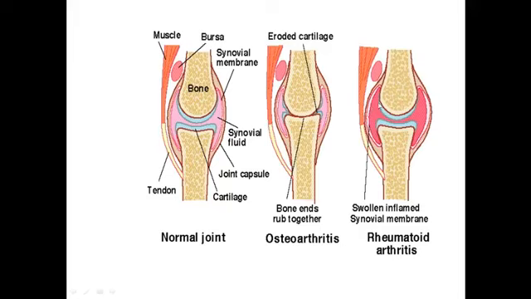There is inflammation of the synovial membrane, and a collection of fluid called effusion is found in rheumatoid arthritis. But in osteoarthritis, you will not get any inflammation of the synovial membrane, but only articular cartilage destruction and reduced joint space, whereas in rheumatoid arthritis the joint space is intact, generally in the early cases.